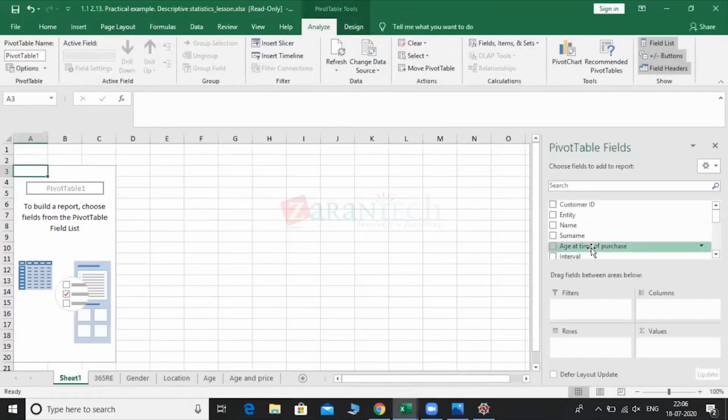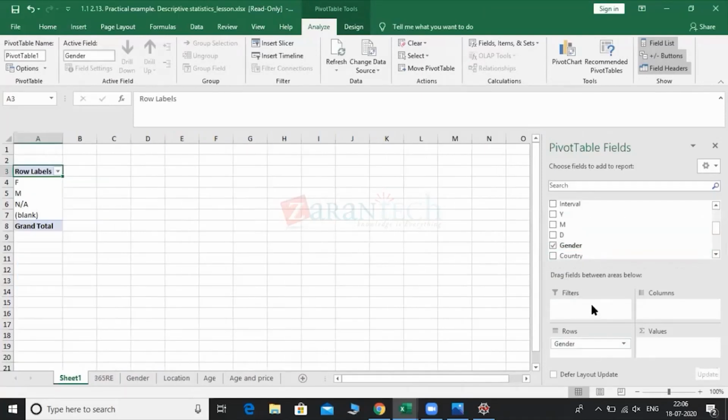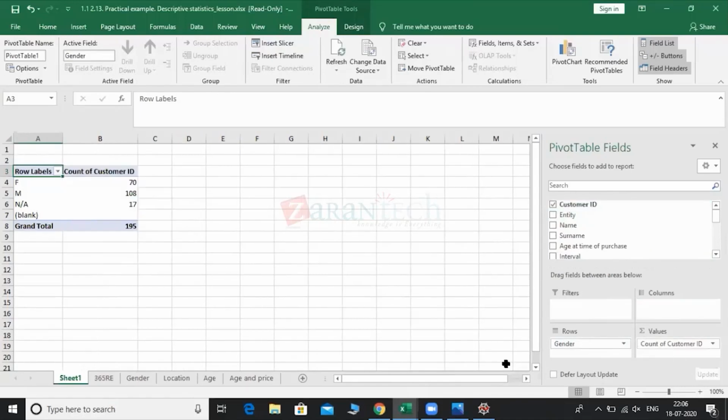Now, let's say by gender, count of customer IDs. So how many people have bought the houses, or on whose name it is registered? So we can see 108 is there, female is 70.